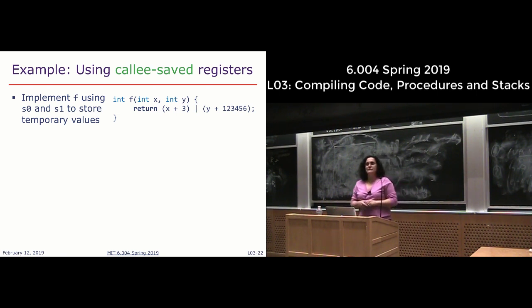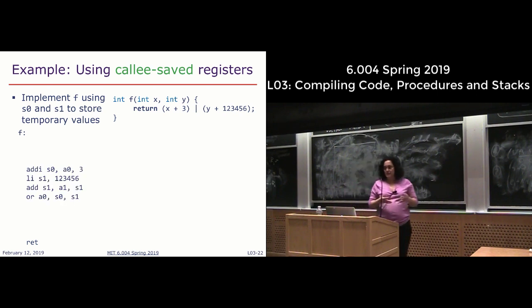All right, so let's take a look at some examples of callee-saved registers versus caller-saved registers. So suppose that I'm trying to implement this function f shown here, where I've got two input parameters, x and y, and let's say that I want to use the registers S0 and S1 to store these temporary values that my procedure is going to use. So the body of my procedure would look something like this, right? My first argument is in A0, so that's where x is. And I'm going to add to it the constant 3, so that's this addi a0, 3 instruction.